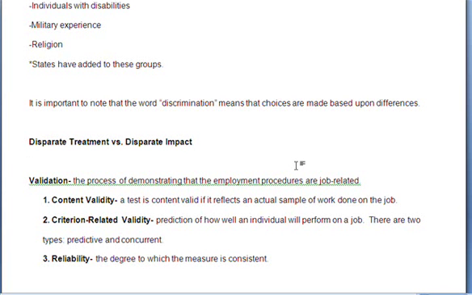Whether a person had a high school diploma for these particular type jobs made no difference in a person's ability to perform them. So the only effect that job requirement had was to eliminate certain groups. Certain groups of individuals were not able to do the job. Specifically, certain racial groups.